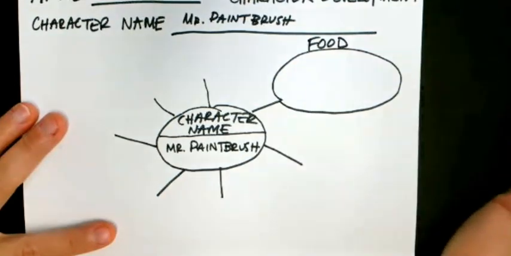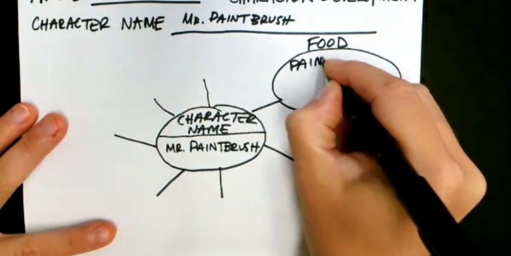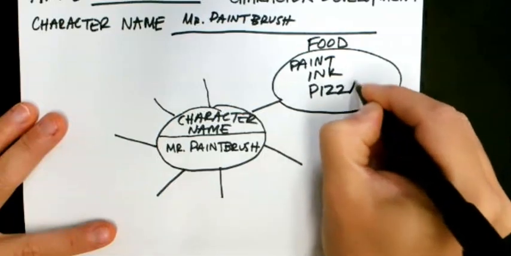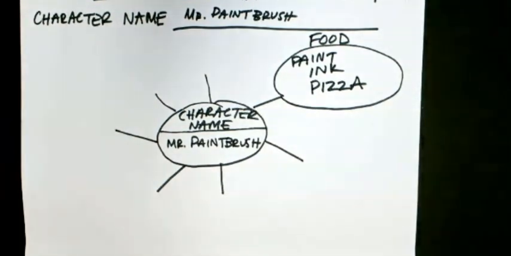So, and I just want to go along with my little Mr. Paintbrush for a minute. He eats paint and ink, but he also eats pizza, because most people like pizza, not everyone, okay? So, you write in, it doesn't have to be realistic what your character eats, but you write in at least 2 ideas.